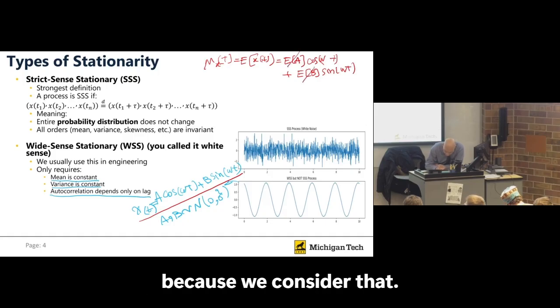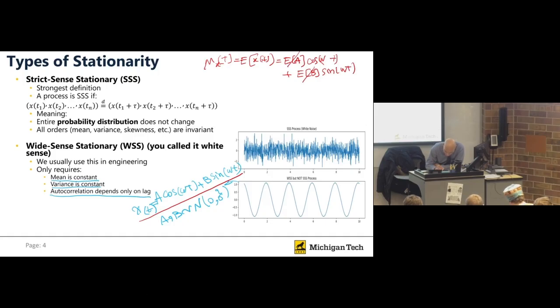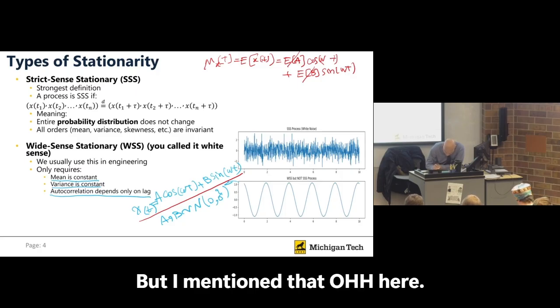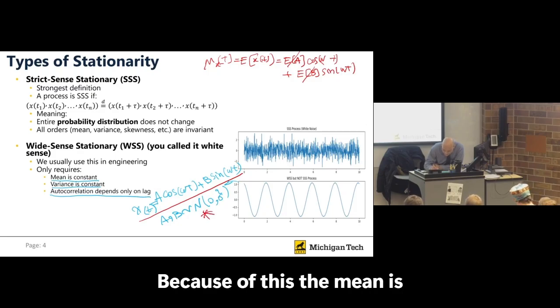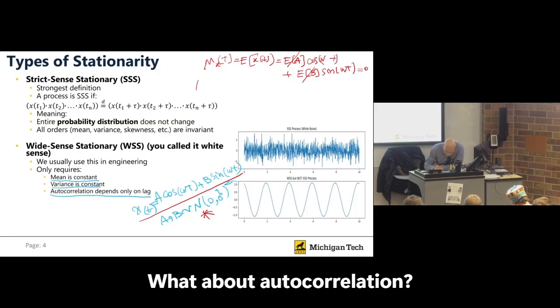Because we consider that the mean is 0, the result of this is 0. So this is constant. What about autocorrelation?